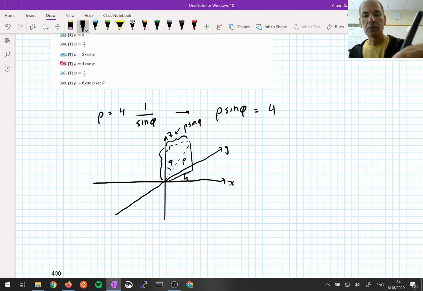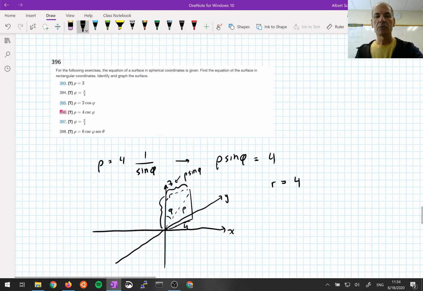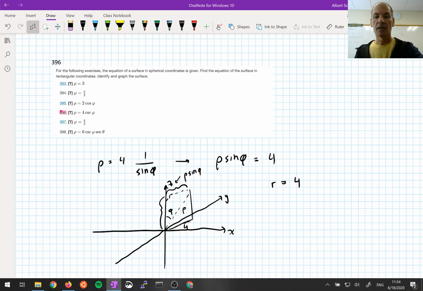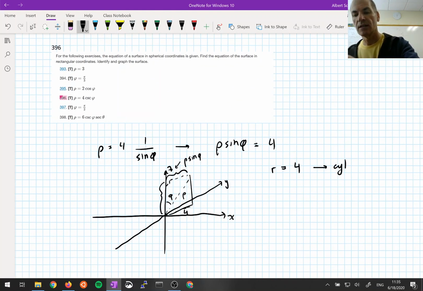And in fact, rho sine phi is secretly r in polar coordinates or cylindrical coordinates. So by converting to cylindrical coordinates, we see really quickly what this thing actually is. This is a cylinder along z of radius 4.